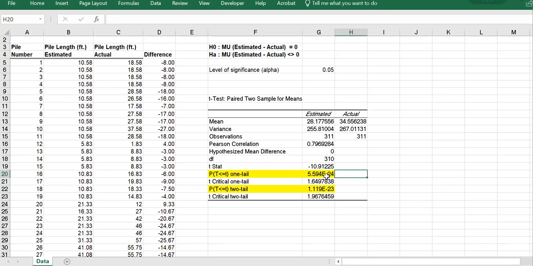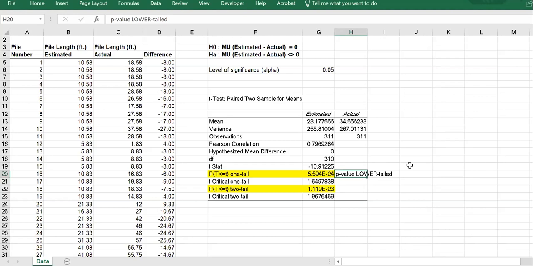The way we can identify that is by just looking at the test statistic. If the test statistic is negative, this would be p-value lower tailed. If this was positive, then this would have been p-value upper tailed. But now this is p-value lower tailed.